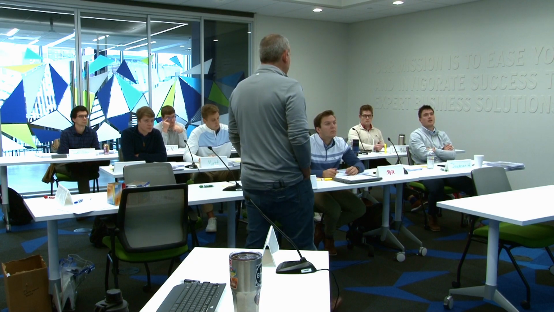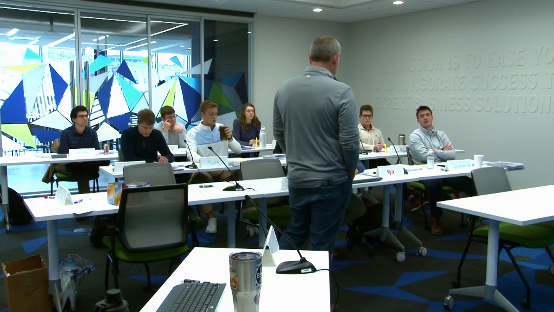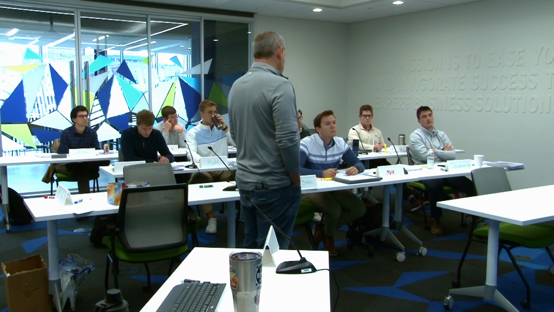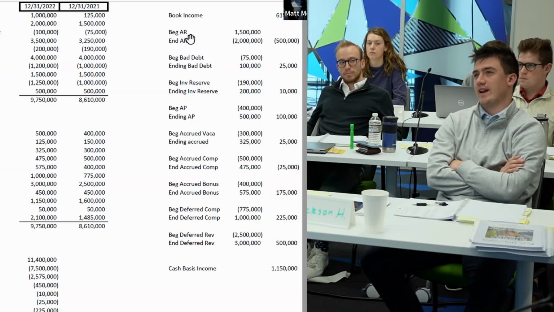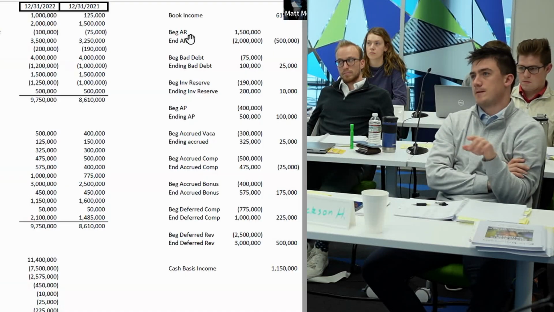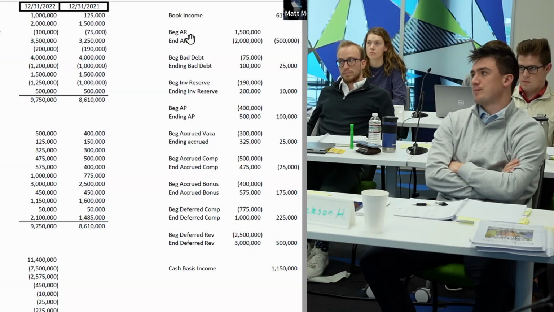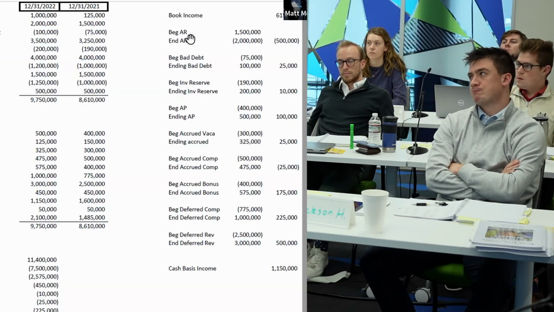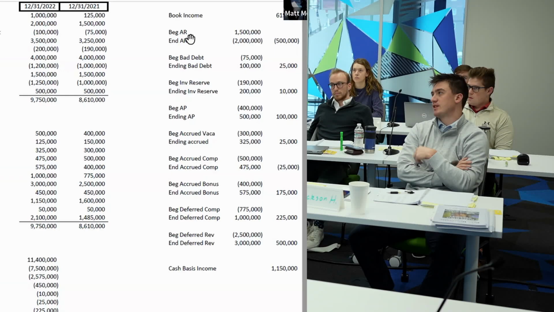The AR is an add back? Okay, so we're adding the beginning balance to the book. And the ending balance, are you adding or subtracting? We're subtracting it. So is that the same thing we're doing with AP? It's essentially the opposite.